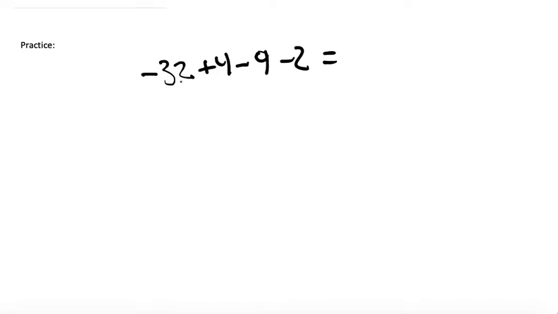So let's say, for example, something traditional. They can do negative 32 plus 4 minus 9 minus 2. So if you know this is about two camps, the positives and the negatives, you might just want to add all the positives first. And I know it's only one guy alone, so wow, he's going to lose that battle for sure.